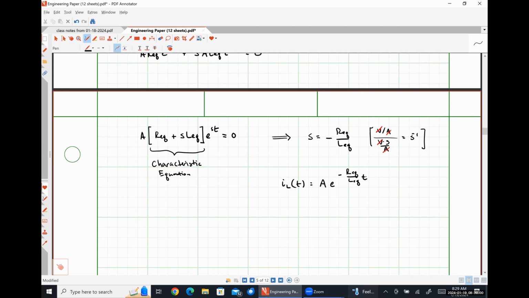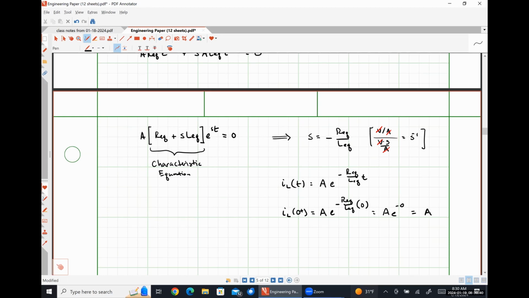So we're going to figure out A by looking at this expression at t = 0+. Our inductor current at t = 0+ is going to come out to be A e to the negative Req over Leq times 0, or A e to the negative 0, which is just A, right?